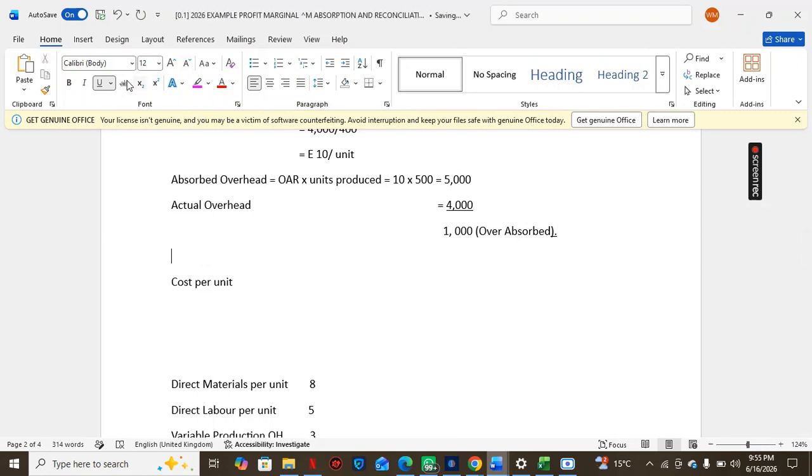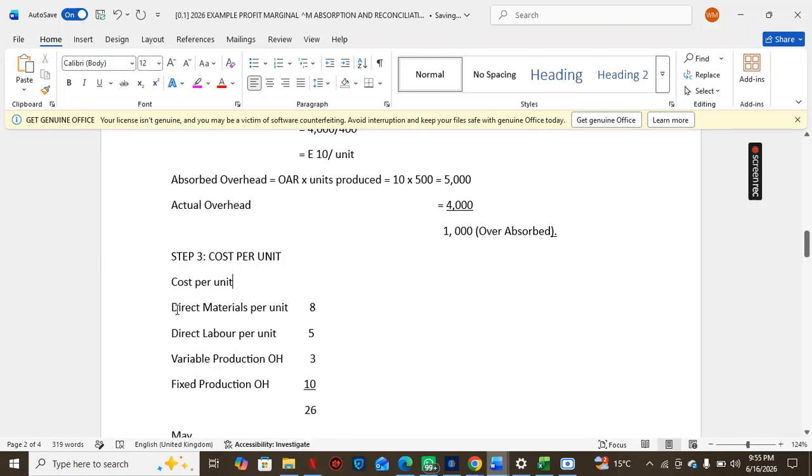Step 3, get the cost per unit. Remember, this is absorption costing, full costing. For the cost per unit: direct materials, 8 euros. Direct labor, 5 euros. Variable production overhead per unit, 3 euros.